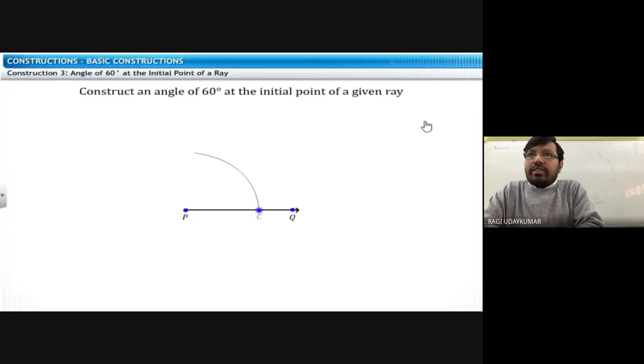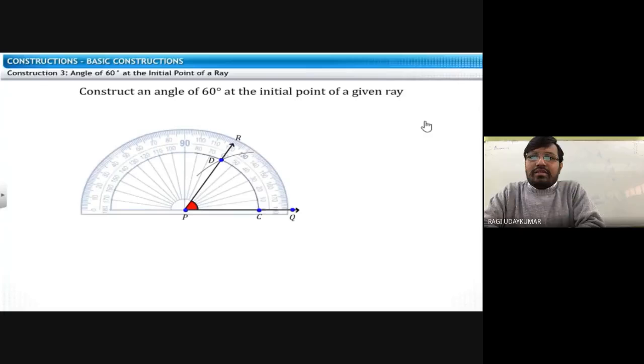Draw line PQ, take P as a center and any convenient radius, and draw an arc. Then with C as a center and the same radius, draw the arc, which intersects the previous arc at point T. So whatever angle you measure, you will get 60 degrees.